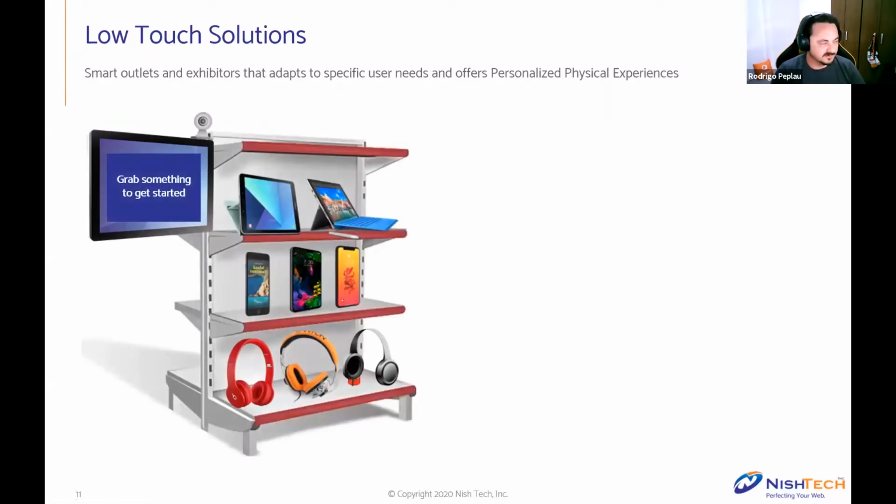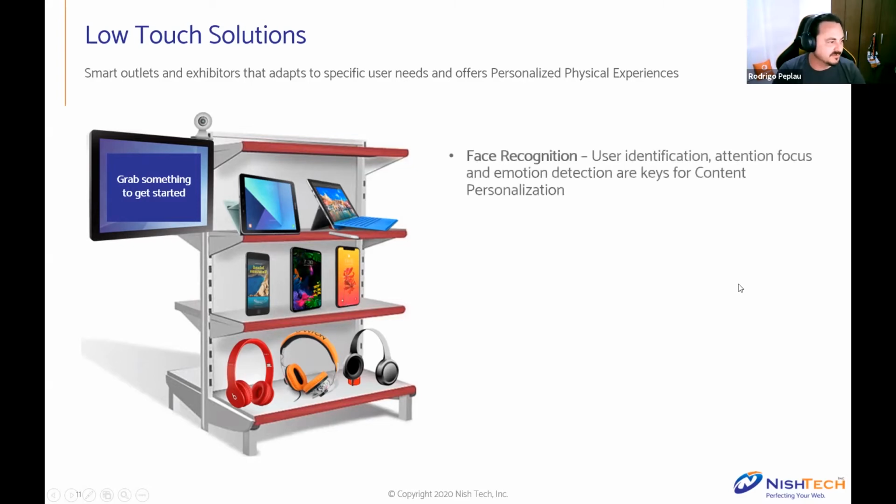This I call the smart display. It's there to help you sell without the assistance of a human being. And here we're using several IoT technologies put together. We have face recognition as a user identification, as a key to understand who the user is, what he's feeling, how he's feeling, as key for personalization.